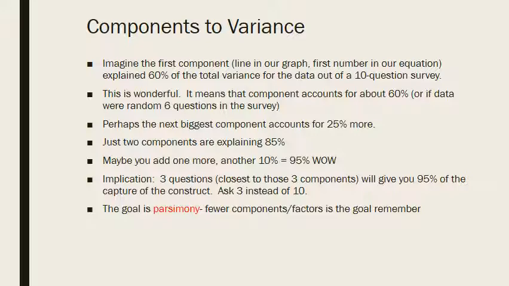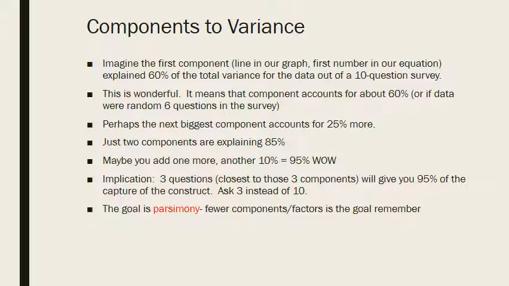So perhaps the next biggest component will add about 25% more, right? So this would be if 25% of the x's essentially fall close to that second line. And now with just 2, we're explaining 85%. Well, maybe we want to add a third one, and that third one gives us 10% more. We're now up to 95% of the possible variance.